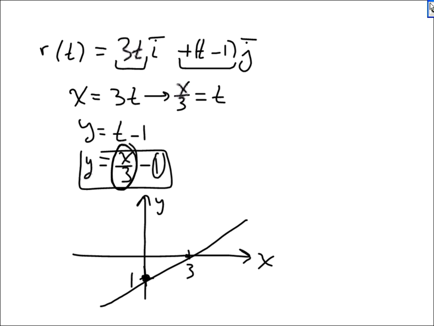Instructions also should say, give the orientation of the curve. That is, what happens as t gets bigger? Well, as t gets bigger, x gets bigger. That is, x is going to the right. What happens to y? Well, as t gets bigger, x gets bigger. That just means I'm going that way.